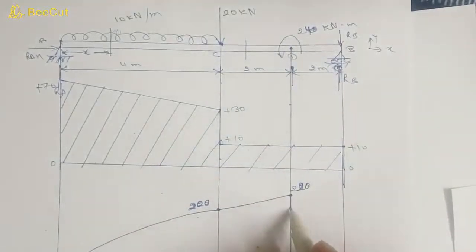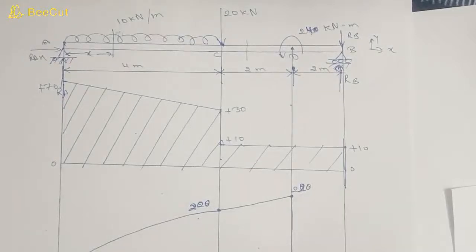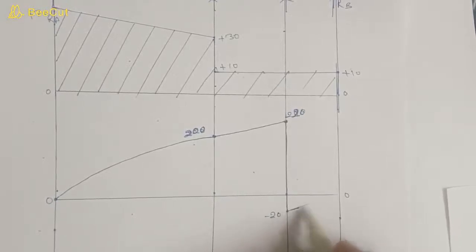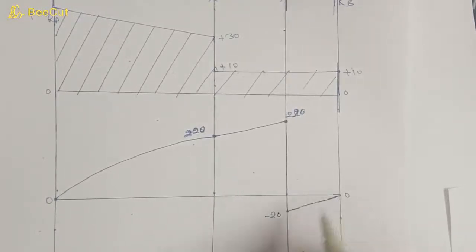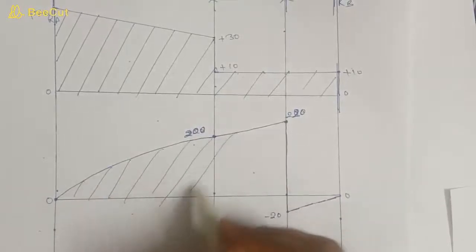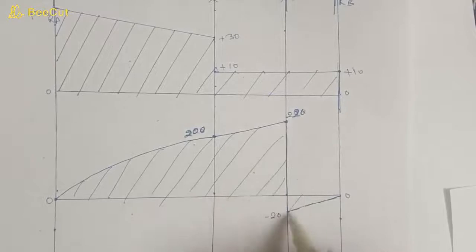It will become minus 240, so it will come down to minus 20 kilonewton meter, and from here to here it was an inclined line. So this is the bending moment diagram for this type of loading and beam.